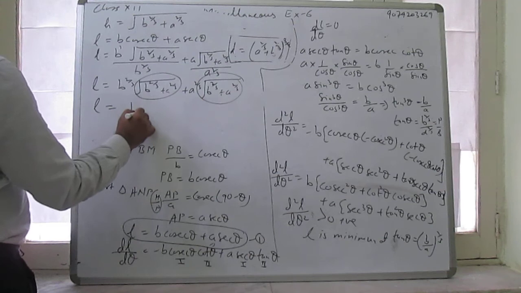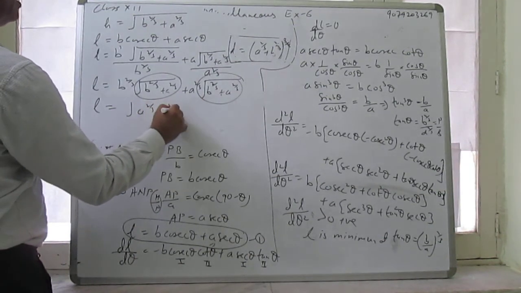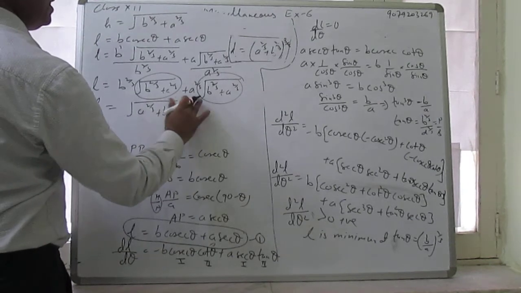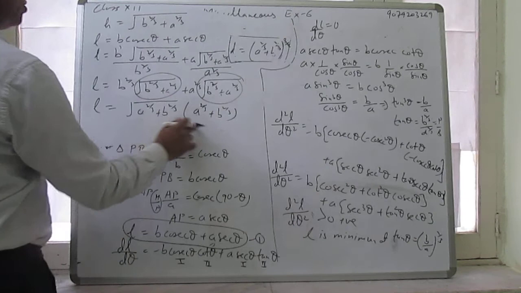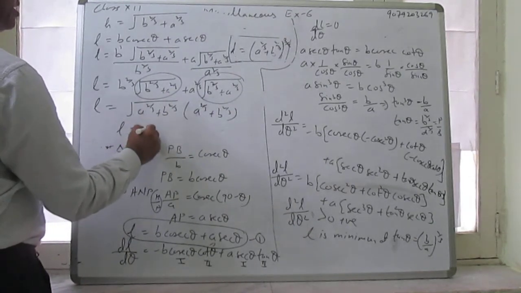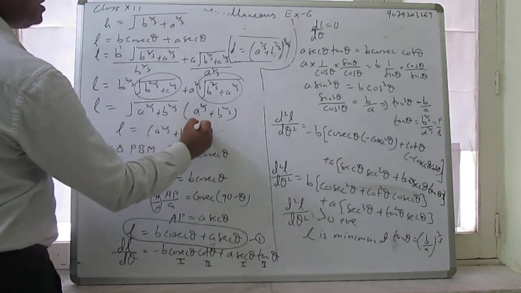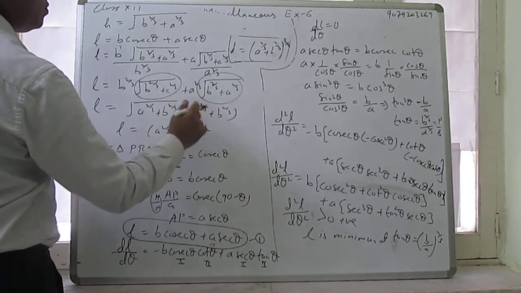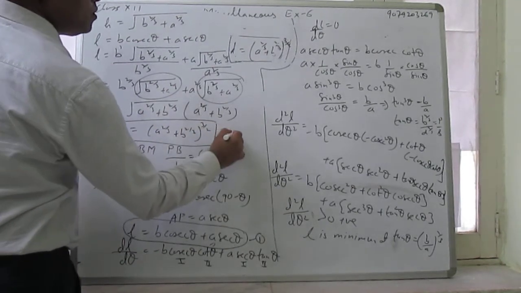So L is equal to A2 by 3 plus B2 by 3 times the bracket A2 by 3 plus B2 by 3. Adding the powers, the base is the same, so A2 by 3 plus B2 by 3 to the power 1 plus 1 by 2, that is 3 by 2. This we have proved.